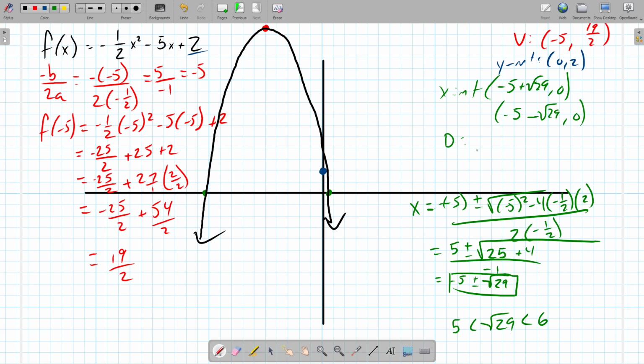We know our domain is always negative infinity to infinity, and the range this time is negative infinity all the way up to the y value of our vertex, 19/2. And our axis of symmetry, AOS, is x equals the x value of our vertex, negative 5. Alright, so we have our graph, and we have all of the information that we need.